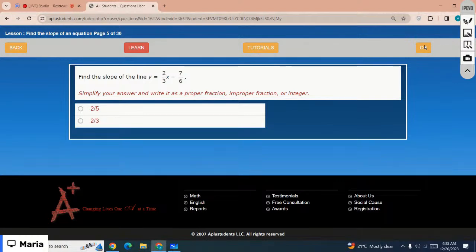Find the slope of the line y equals 2 by 3x minus 7 over 6. So, which is the correct option? Which is the slope?